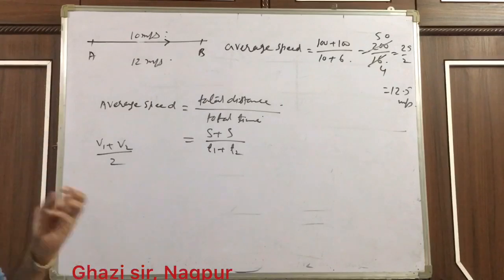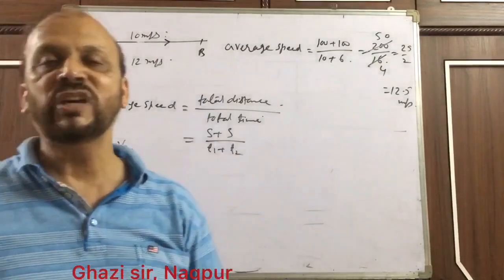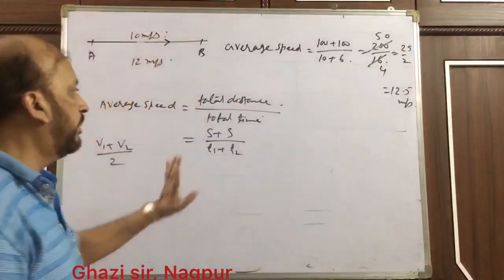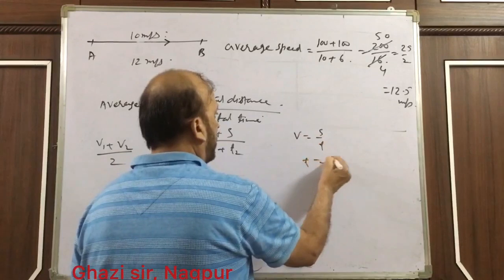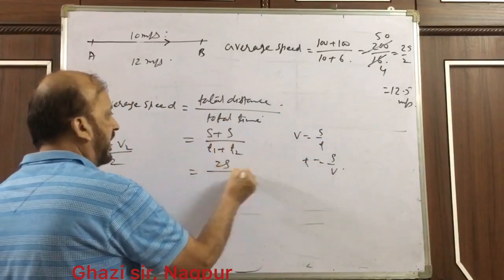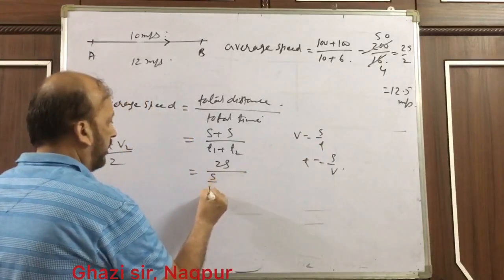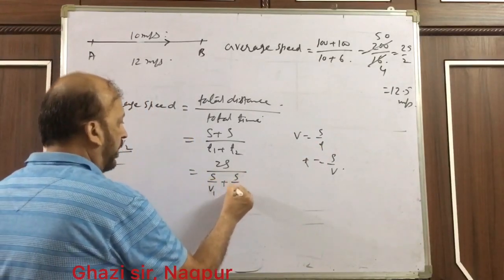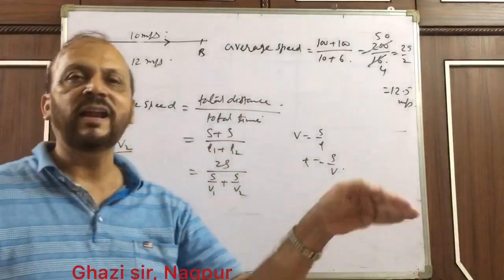Suppose we don't know the value of T1 and time is not known. Speed is given, but time is not given. So T can be replaced, V is equal to S upon T, therefore T is S by V. That is equal to S plus S, 2S, upon T1 is S1 upon V1 plus S2 upon V2. Since S is the same, no need to take S1 and S2.